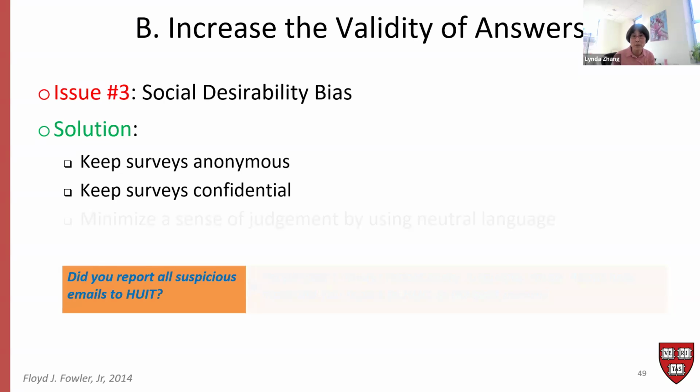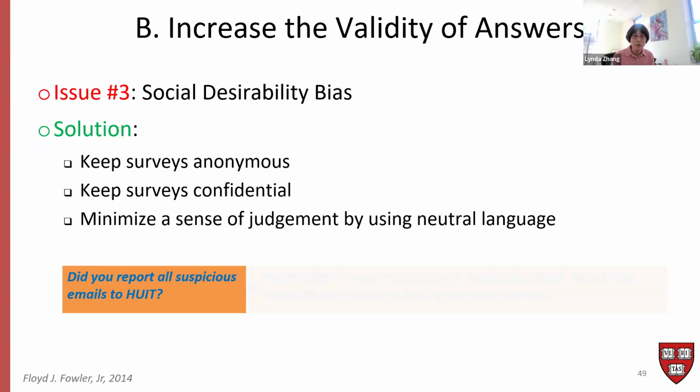So that you could say that it's not going to be revealed to anyone outside of the department or the office. And the third is to minimize a sense of judgment by using neutral language and by stating that it's all right. For example, if you ask, did you report all suspicious emails to HUIT?